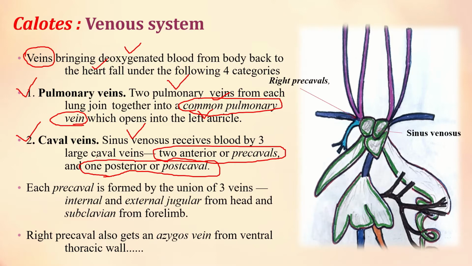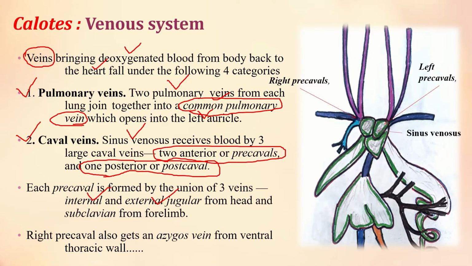Again, each precaval vein is formed by the union of three veins, that is internal and external jugular veins.